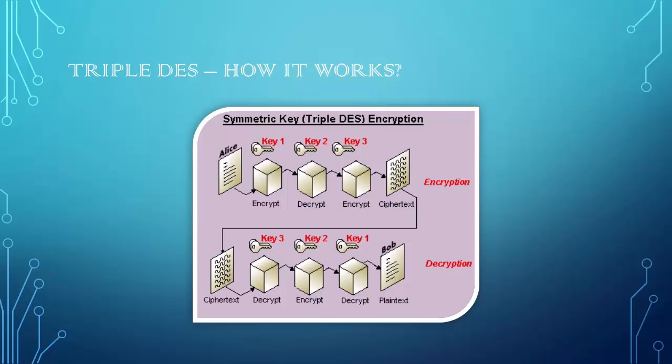The output of step 3 is the ciphertext, and when decrypting, it would just be the reverse of the encrypting process, where the ciphertext would undergo decryption by key 3, encryption by key 2, and then decryption by key 1. And then Bob would be able to see the message that was sent by Alice.